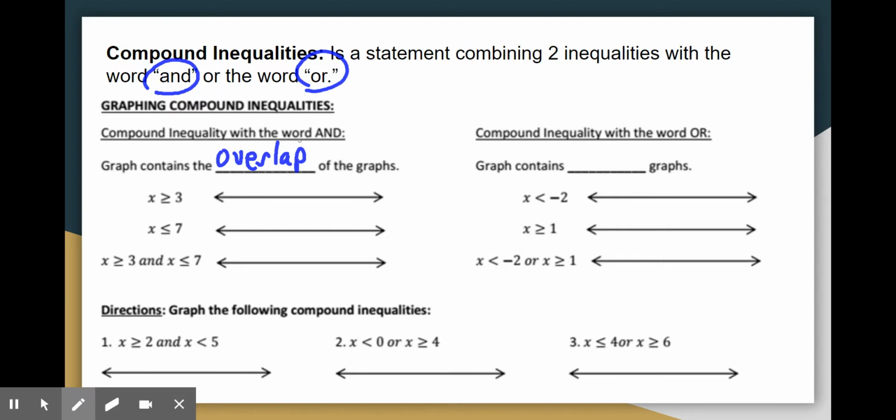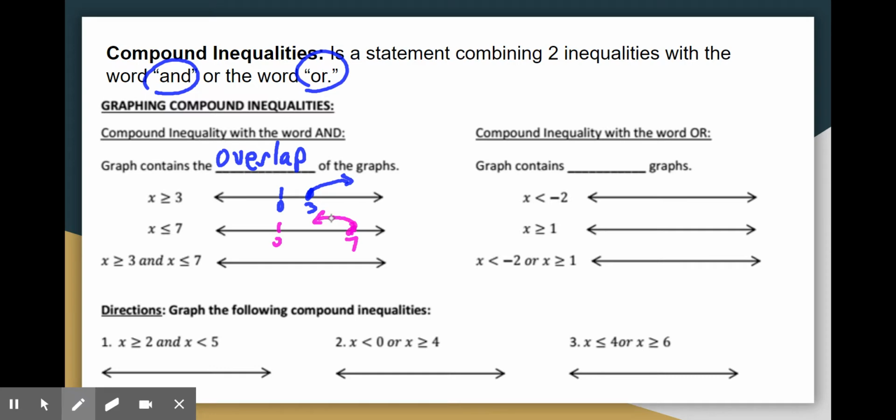So, for example, let's try to graph x is greater than or equal to 3. I know you all know how to graph this, so we're going to put a closed circle on the 3, and we graph to the right. And then we'll go here in another color, and we'll graph x is less than or equal to 7. So 0, here's 7. We're going to put a closed circle on the 7, and then we're going to graph to the left.